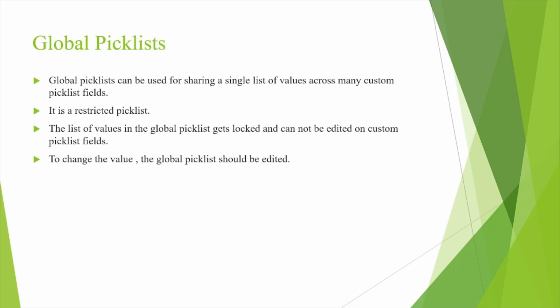Like if we are storing the same values again and again, or we have a requirement to store a particular set of values in a customized way and use that set again and again while creating custom picklists, we don't need to put the values manually each time. We store them once in our database and use them multiple times. That is the use case of the global picklist.